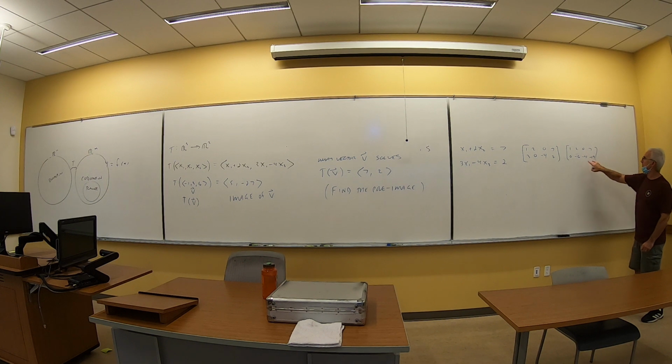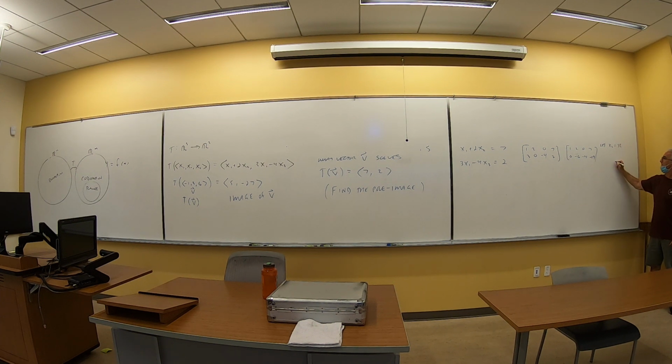Okay? So, because of these guys, maybe let's let x3 be 3t. Then what would x2 be? Well, I'll write it out.